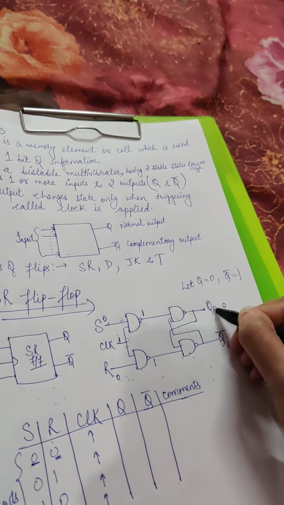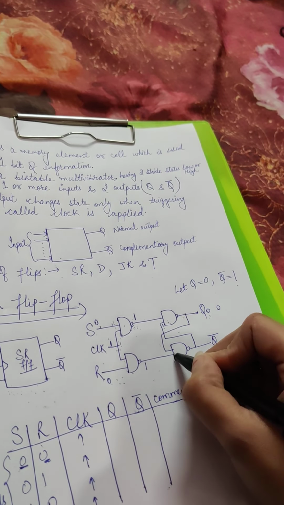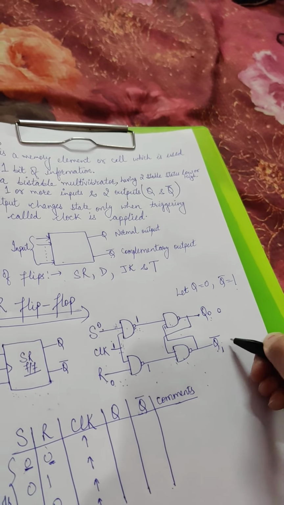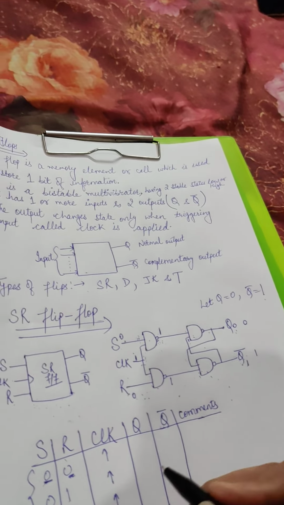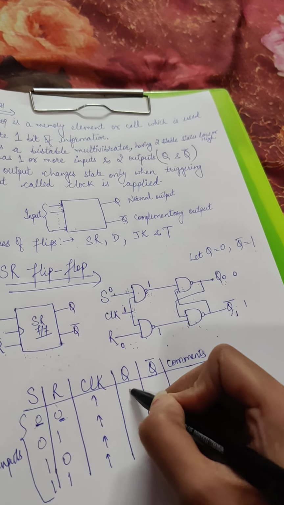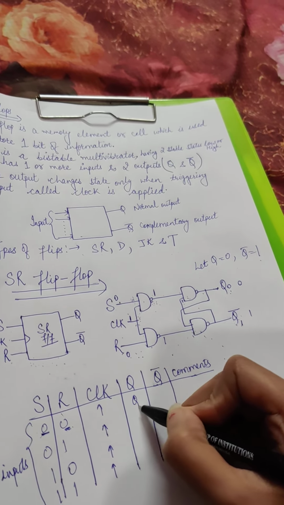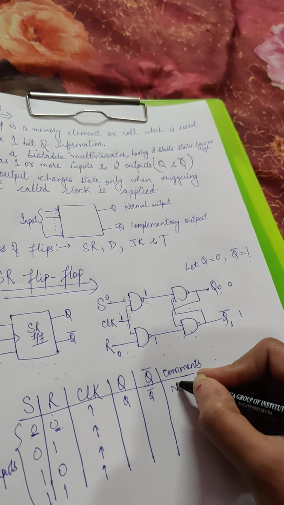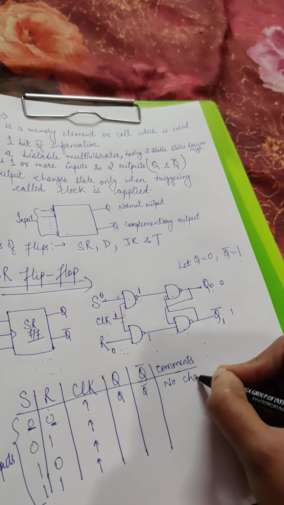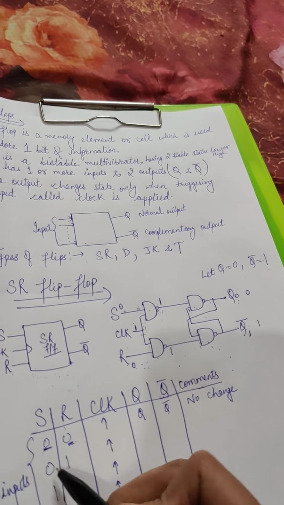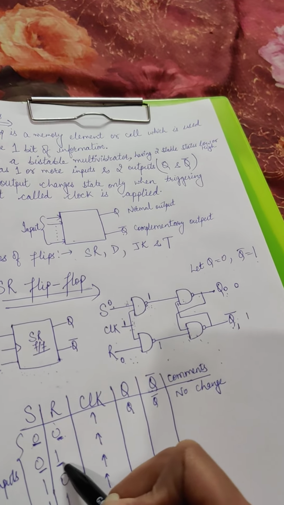And this 0 is fed back to this gate and its 0 into 1 is 0 and its complement is 1. So for 0 0 inputs, outputs are Q and Q bar, that means it's no change. We get the same outputs.